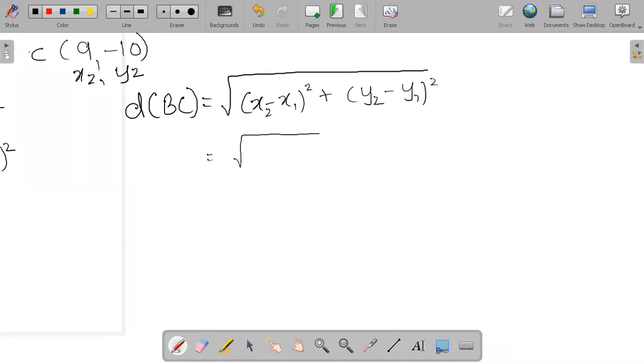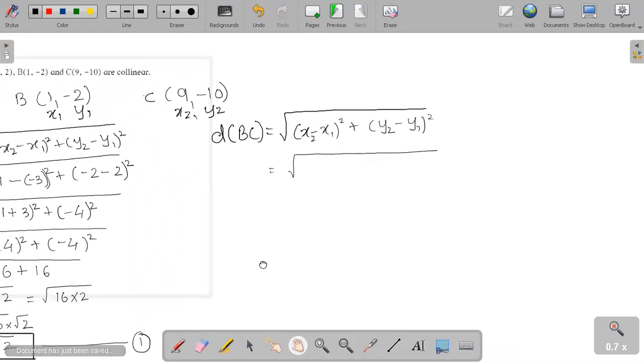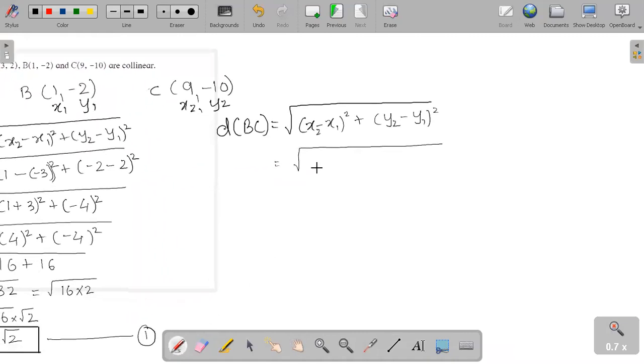Now we'll just substitute the values. Can you see and tell me what will be x2, x1? x2 will be 9. x1 will be 1. y2 will be minus 10.